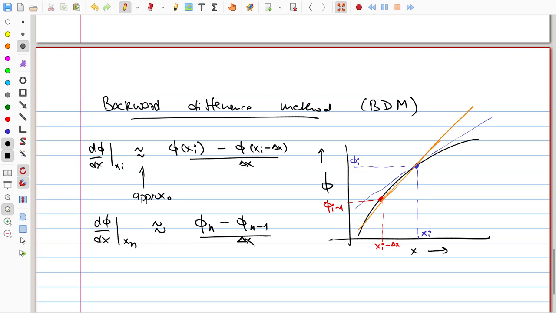Okay, so in the backward difference method, to find the slope of the curve at point xn, it will be phi n minus phi n minus 1, divided by delta x.